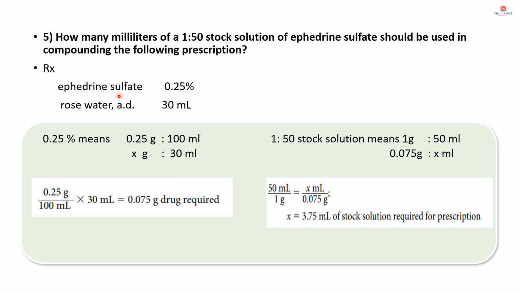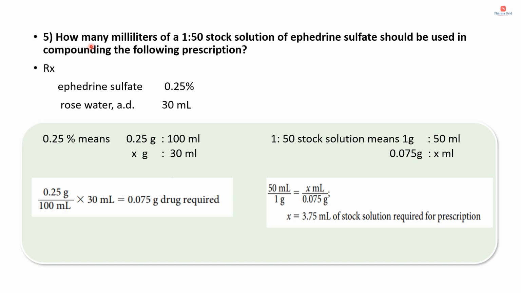In this prescription, the strength of ephedrine sulfate is given as 0.25%, which means 0.25 gram ephedrine sulfate is present in 100 ml. So let it be x gram present in 30 ml. Find out the value of x by cross multiplication, that is 30 into 0.25 divided by 100, that is equal to 0.075 gram, which is the required amount of ephedrine sulfate that is present in 30 ml.